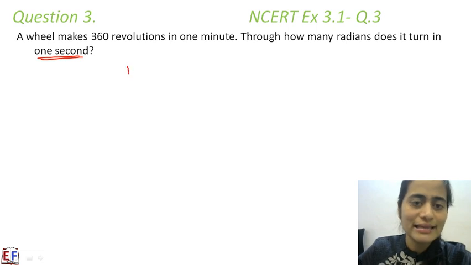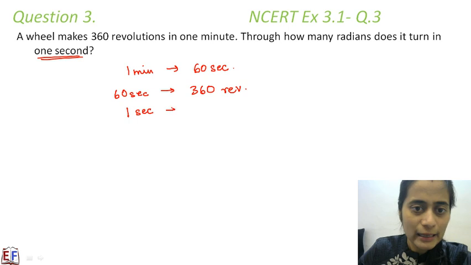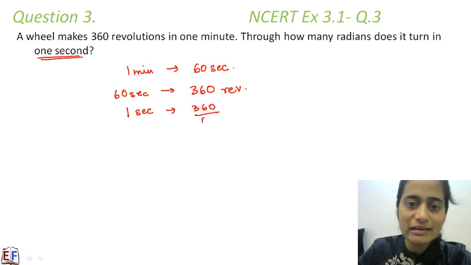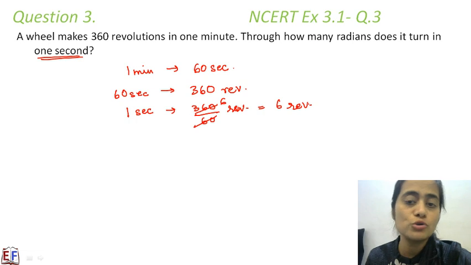So we see that in 1 minute, we already know that 1 minute is basically 60 seconds, right? So that means in 60 seconds it makes 360 revolutions. So therefore if I talk about 1 second, it makes 360 divided by 60 revolutions, which is actually 6. That means in 1 second, 1 सेकेंड में ये 6 रेवोल्यूशंस लगाता है.